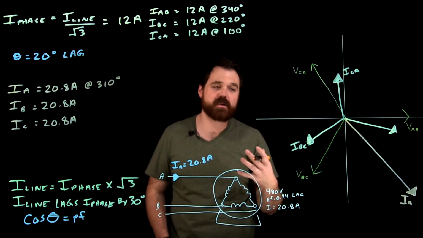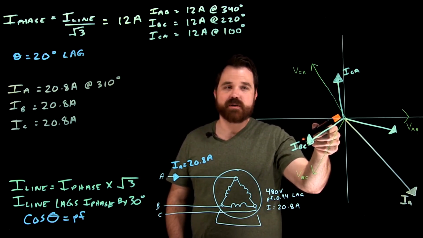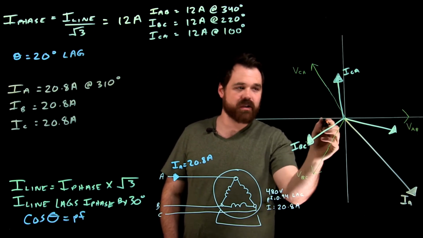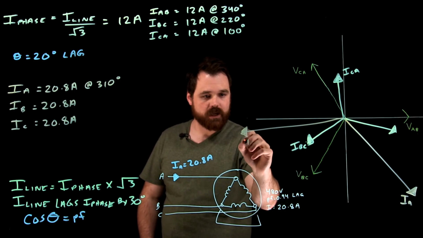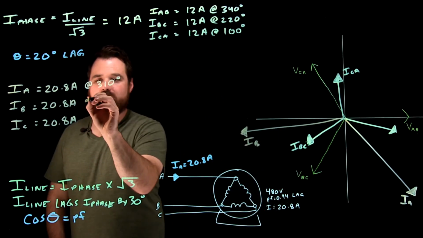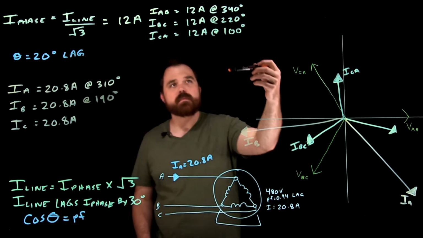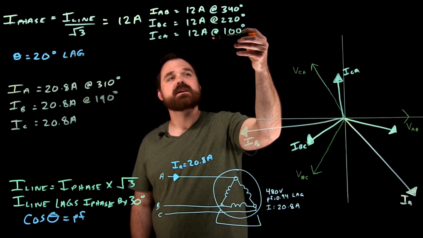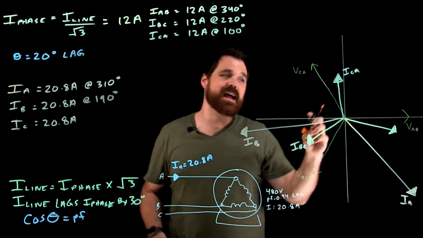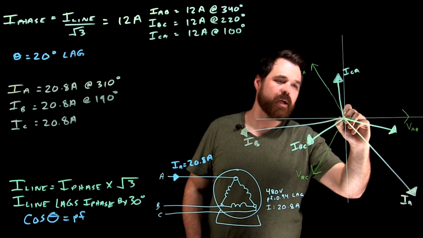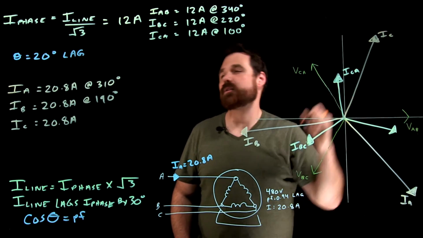I can do the same thing with B and the same thing with C. Here's my B phase. So B line is going to lag by 30, which puts IB at 190. Phase C as well. My phase C current is at 100. My line C current is going to lag by 30, which is going to put it back here at 80 degrees.